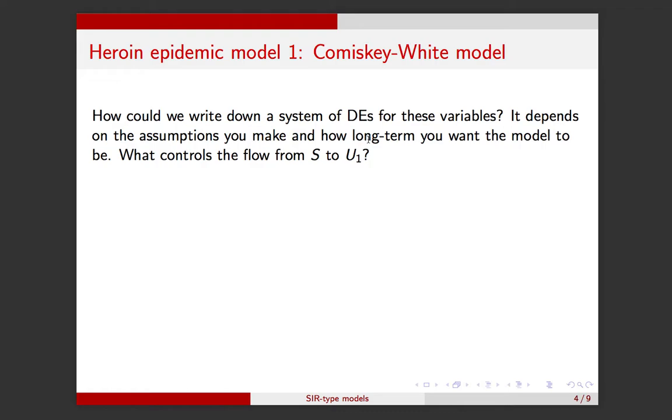So just to start thinking about that, let's answer this question here. What controls the flow from susceptible to drug user? Presumably, that flow is driven by contact, human-to-human contact between susceptibles and drug users. So again, specifically when you're talking about heroin, I am not aware of any case where somebody became addicted to heroin because they found a needle on the ground or something and started using, right?